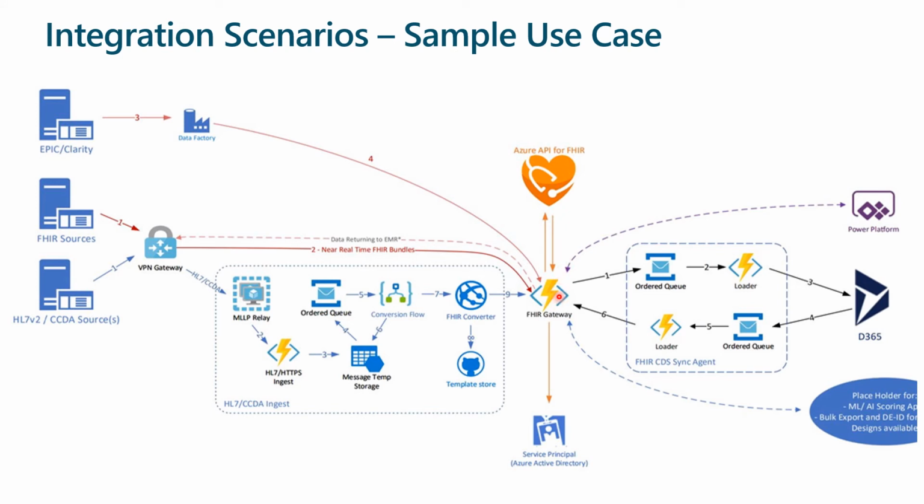Based on the configuration and the setup we discussed during this tech talk, it posts to the Dynamics 365, and any updates from there come back to the FHIR proxy and are processed to Azure API for FHIR. In cases where it needs to be written back to the EMR, a custom implementation needs to be put in place.